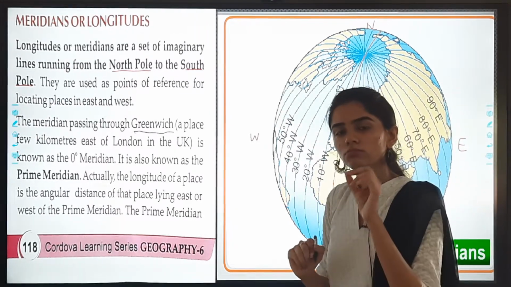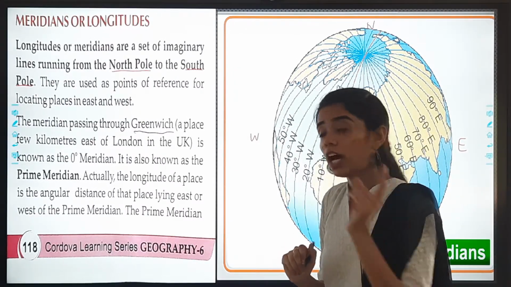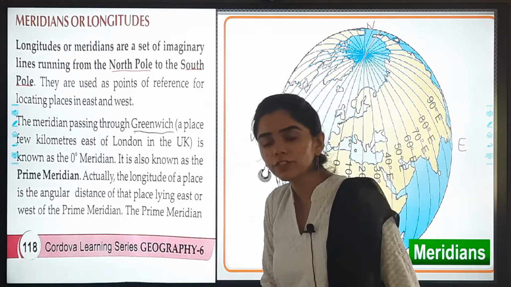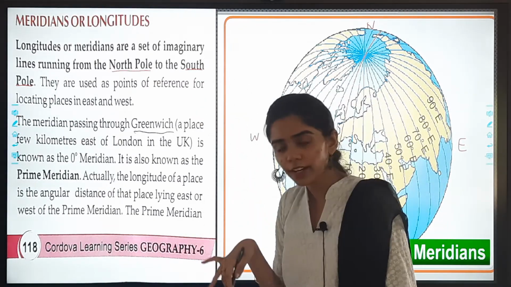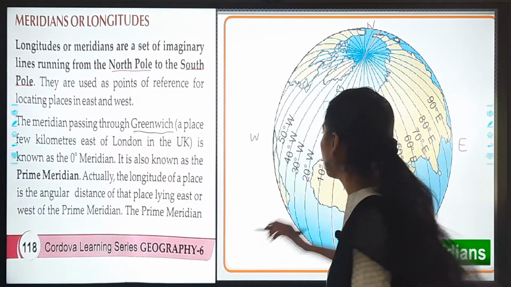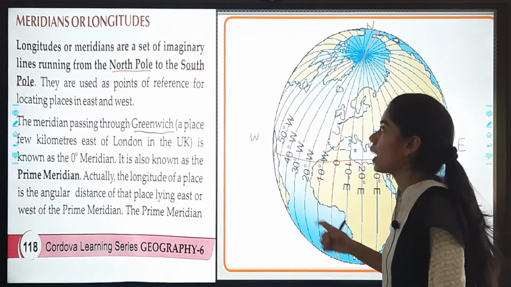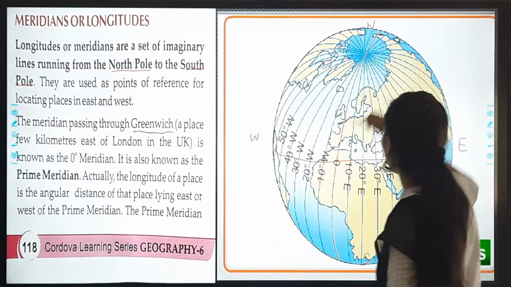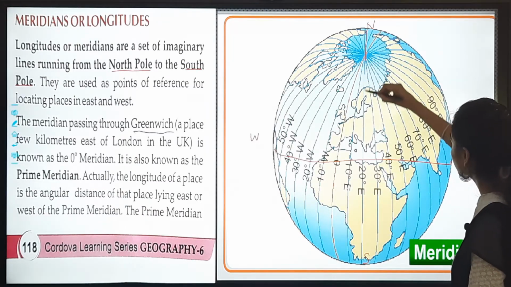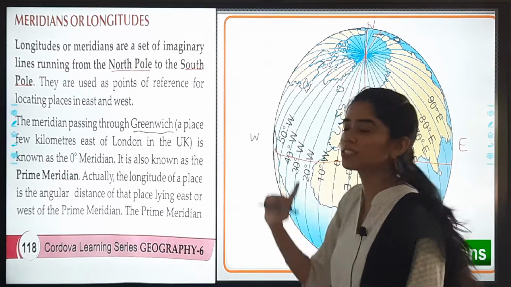Now, you notice something that before that in latitudes, our definition was a little the same, right? The only difference was the imaginary lines were running from west to east. That is why they were in circular form, something like this. But these lines are from north to south, so they are like this, north to south. So this is the difference.